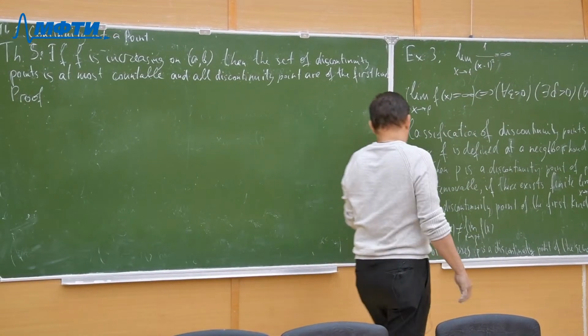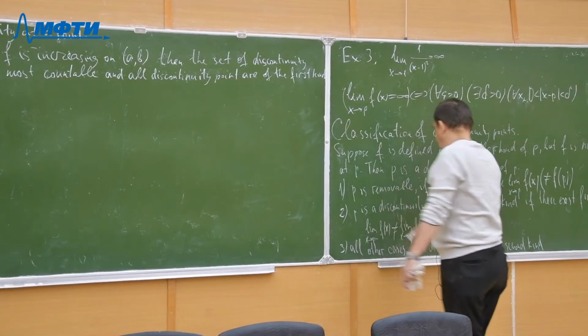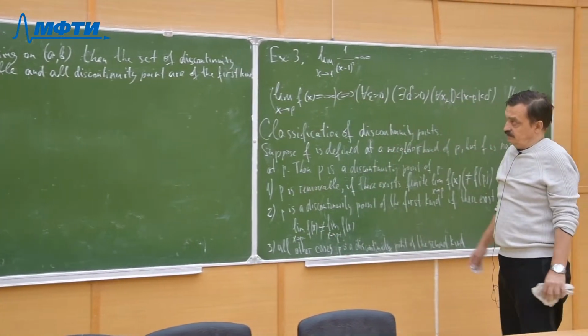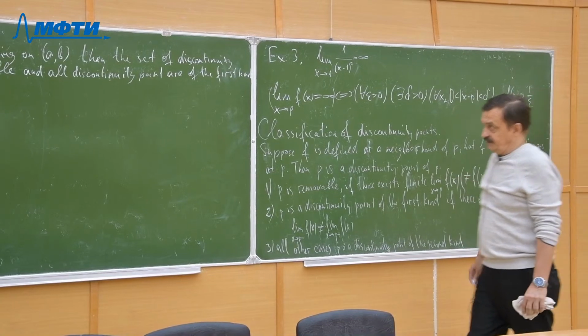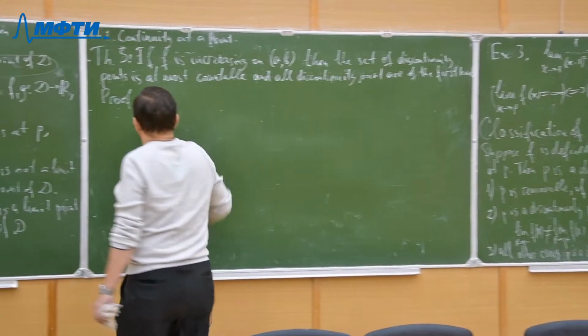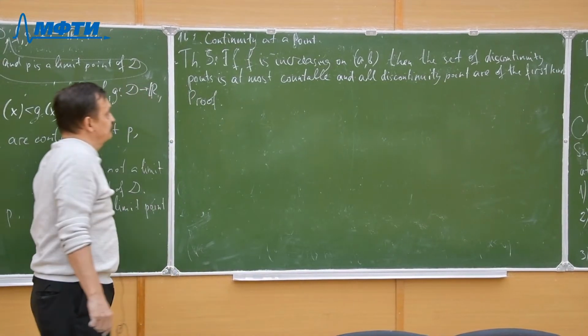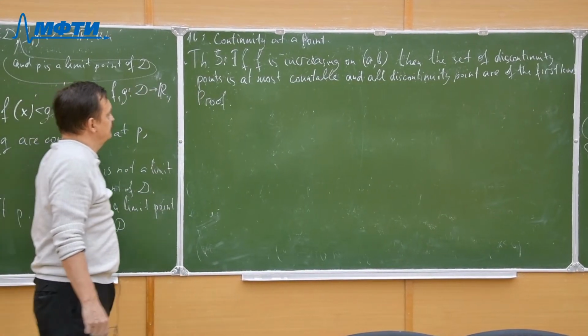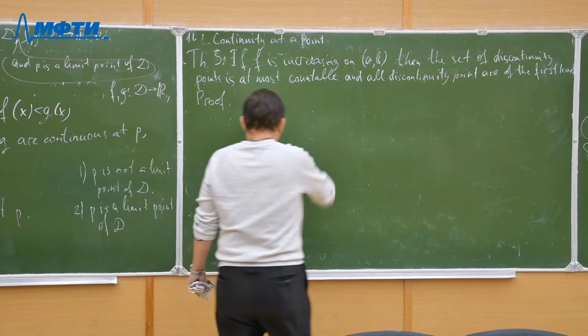Hence, any discontinuity point should be of the first kind for sure. But what is more interesting is that the set of discontinuity points is at most countable. Why?